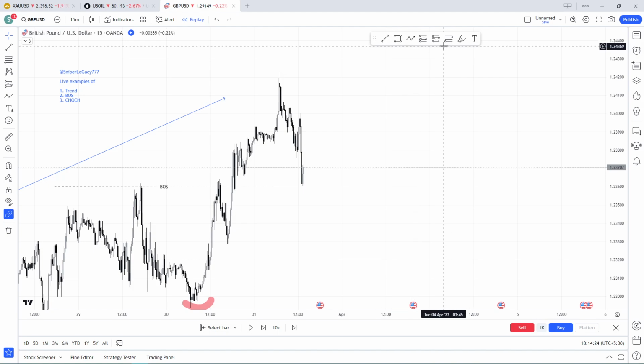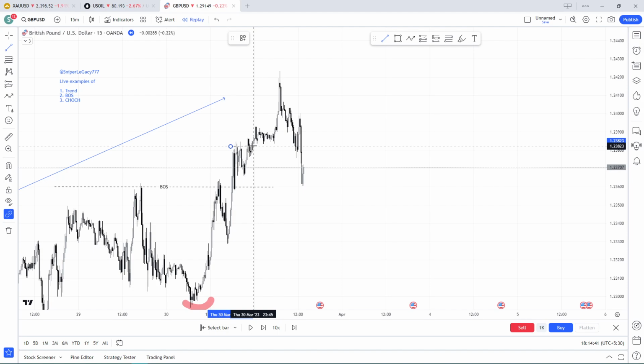Okay, now I'm going to also explain about the internal structures. So low, high, right? So we had one BOS here, and again low, high, low, high, low, high. So we have so many BOS. If we consider the minor structures 1, 2, and 3.